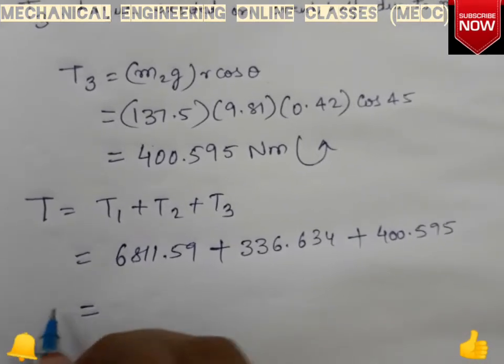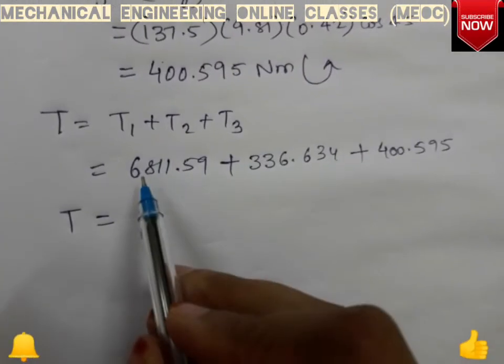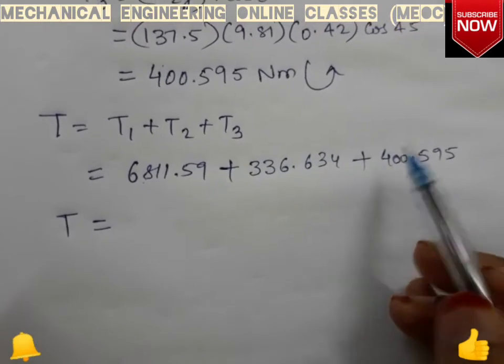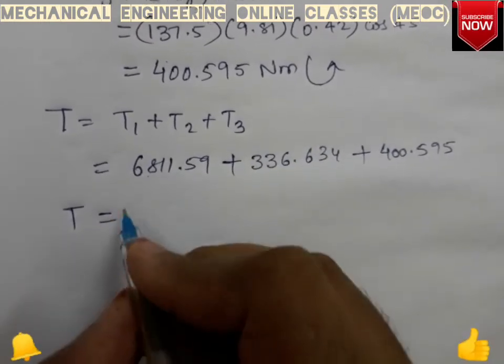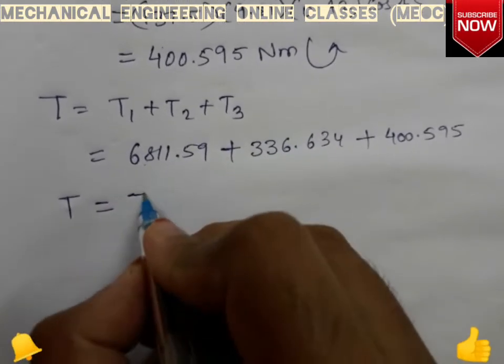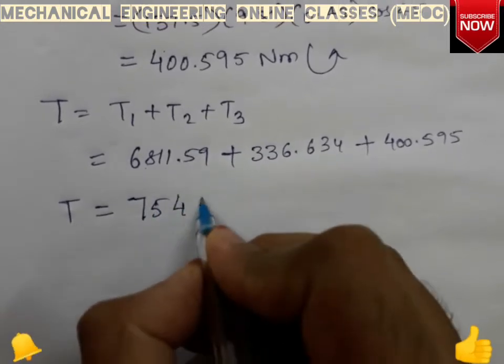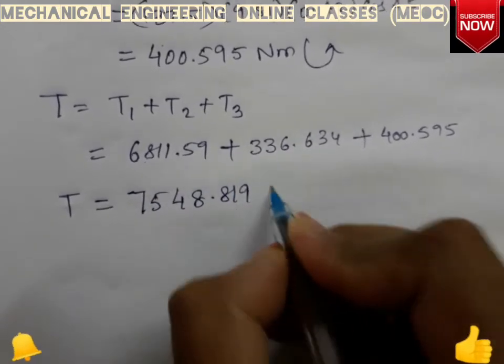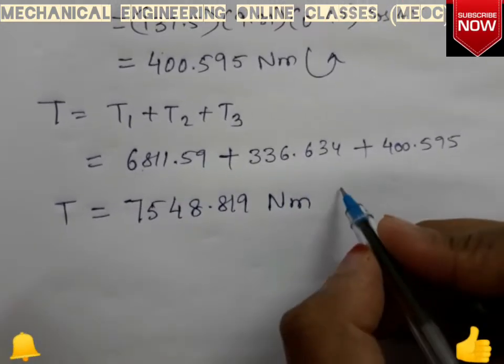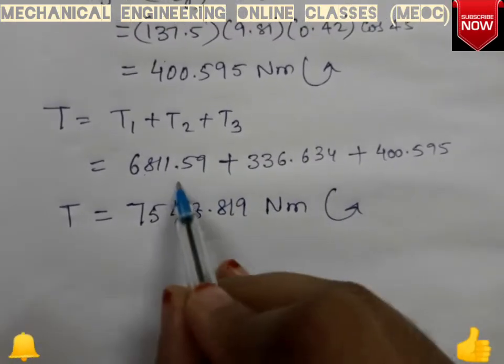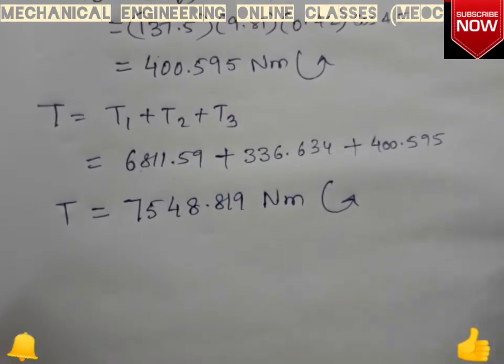Since all T1, T2, T3 are in the same direction, we add them up and get the total as 7548.819 Newton meter acting in the same direction as that of T1, T2, T3.